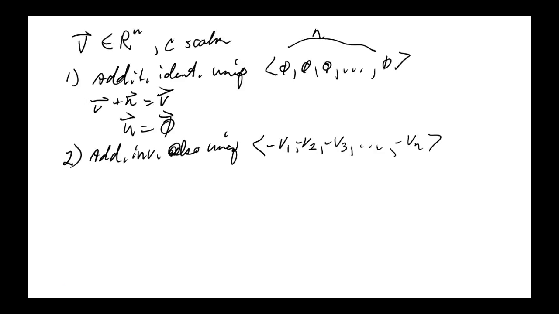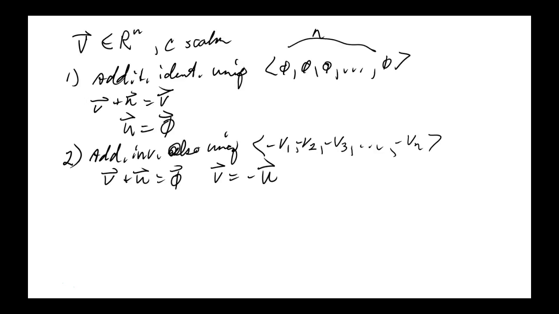The other ramification for that is that if v plus u equals 0, then v has to be minus u, and vice versa. u would have to be minus v. They said that u is equal to minus v.